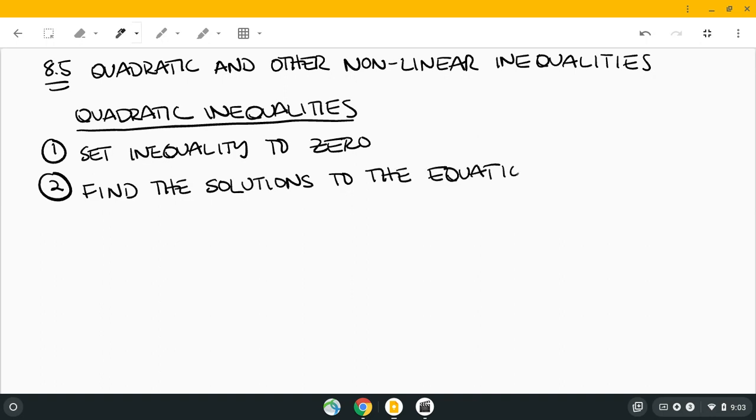And we know how to solve quadratics. You can use factoring, or you can use the quadratic formula.